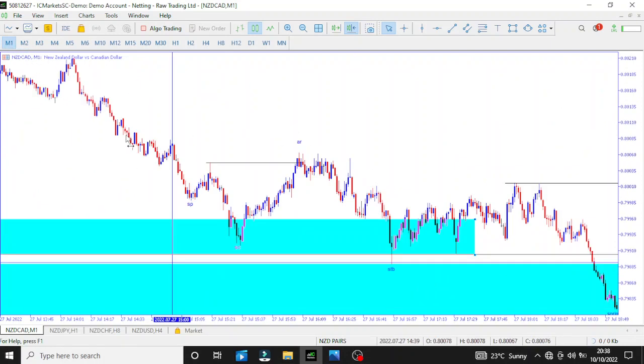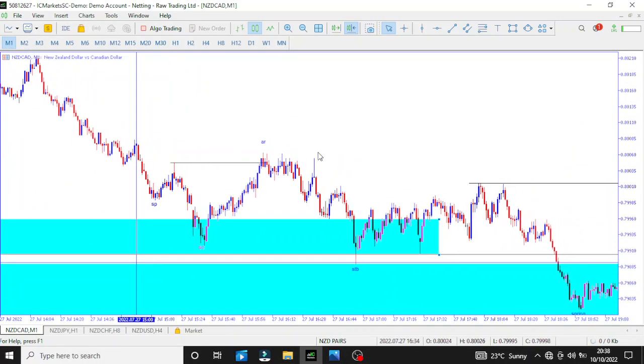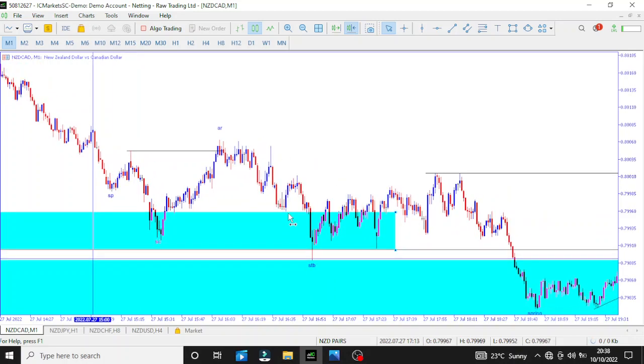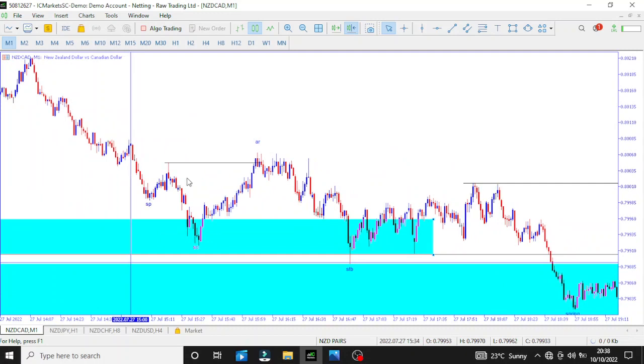And if you were looking for entries, you see this internal structure, the bearish internal structure, it wasn't broken at this point. If you were looking for entries, that's why you had to build your case. You had to wait for a break of structure, and the price was just accumulating.